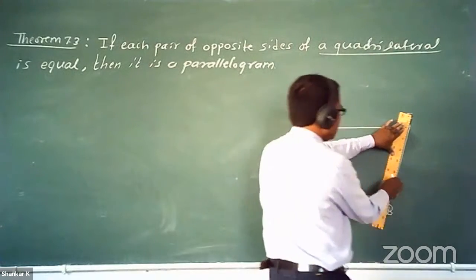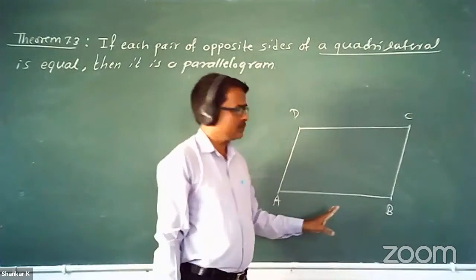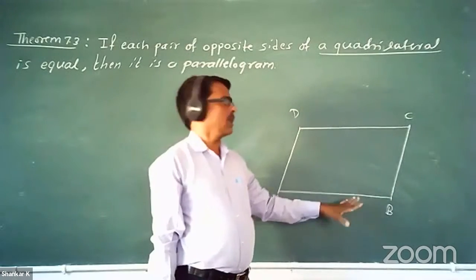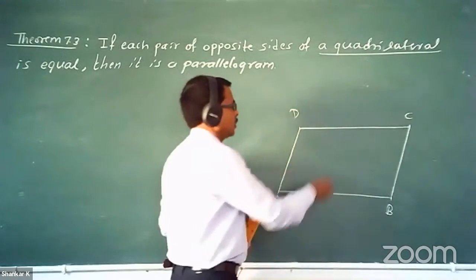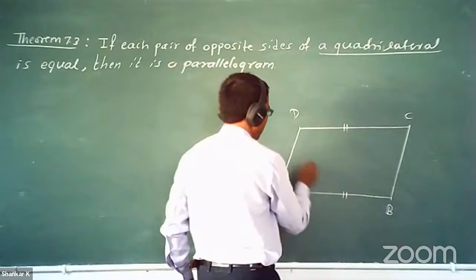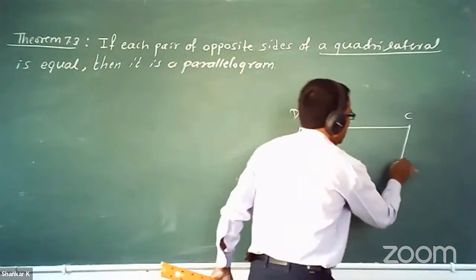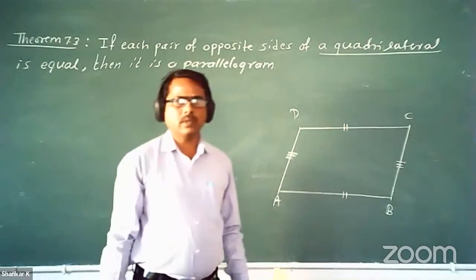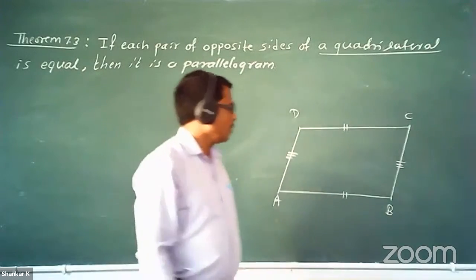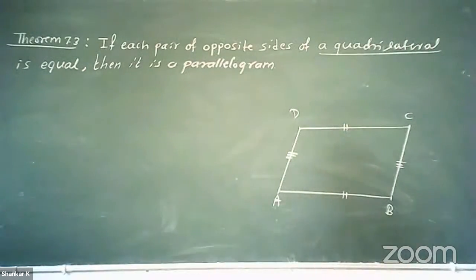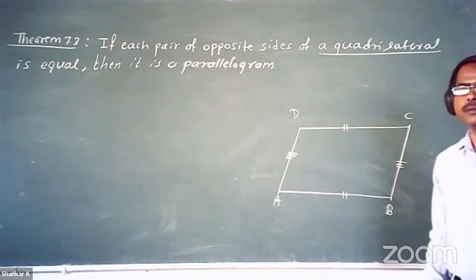I don't know if it is a parallelogram or not. A quadrilateral with opposite sides equal is given. We have to prove this is a parallelogram.